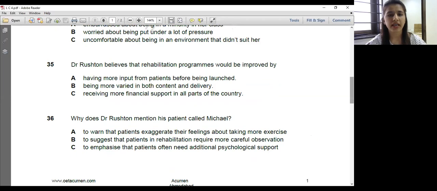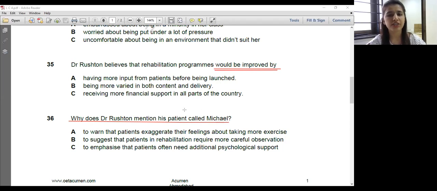Then again, Dr. Ruston believes that rehabilitation programs would be improved by, as we discussed earlier, they could be talking about how they can be improved, the future of rehabilitation programs. And last one, why Dr. Ruston mentioned his patient called Michael. Why is he mentioning him?